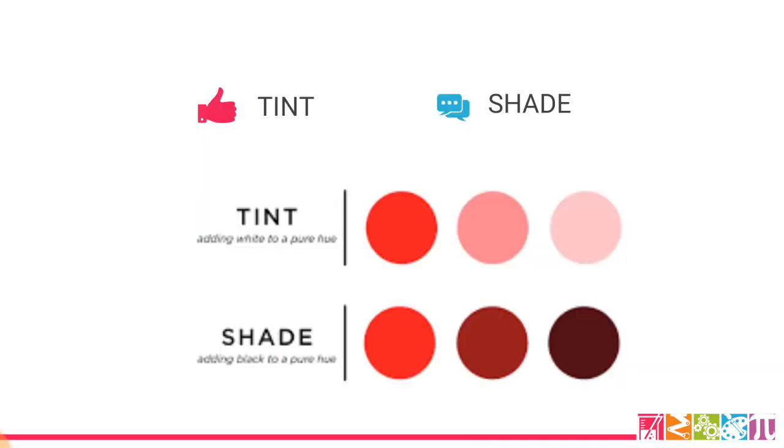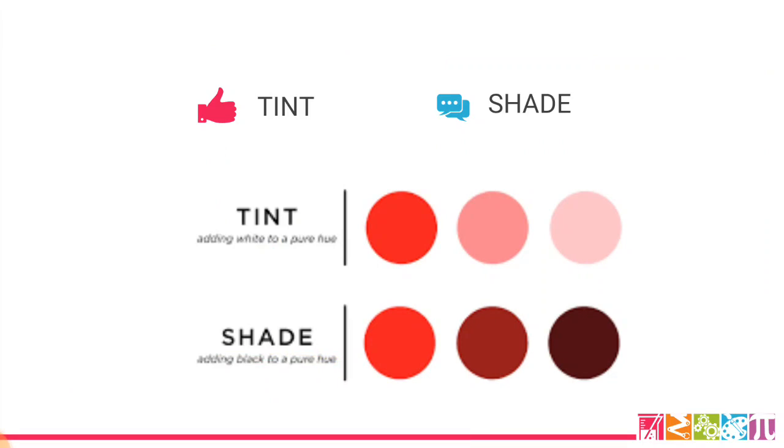So sir, how would we identify whether it is light or dark? We will mix it with white, black, as well as gray. If we mix a color or a hue with white, we call that a tint. If black, we call it a shade.